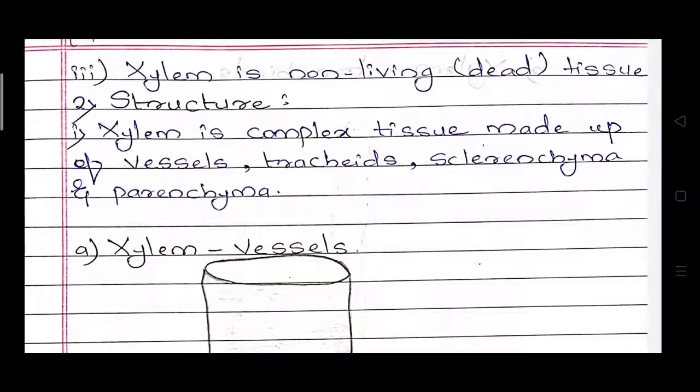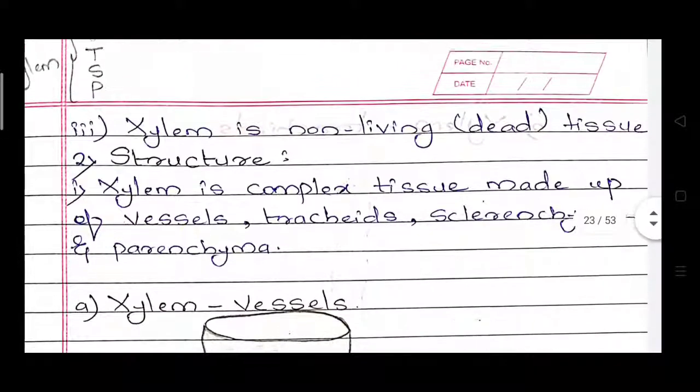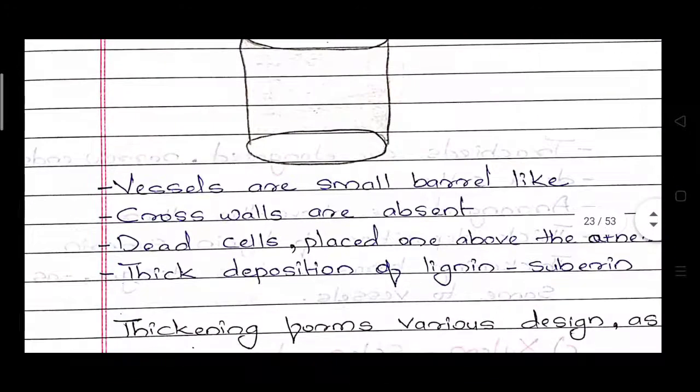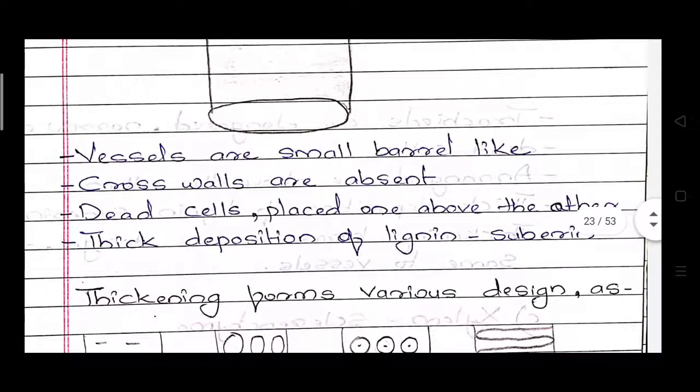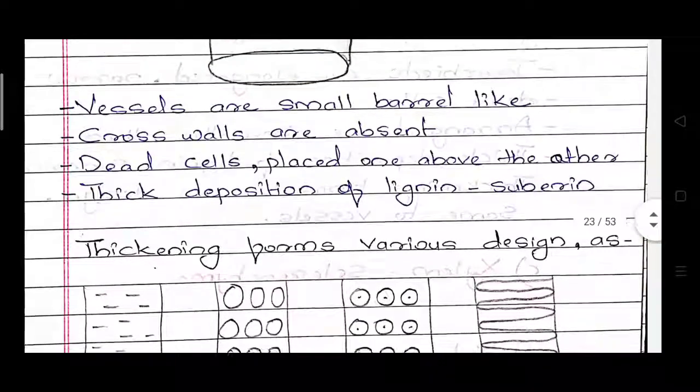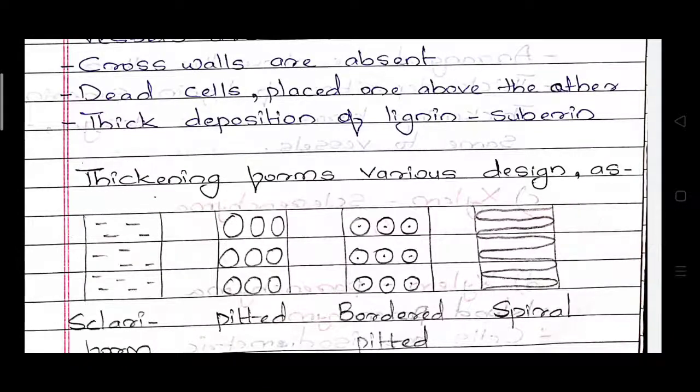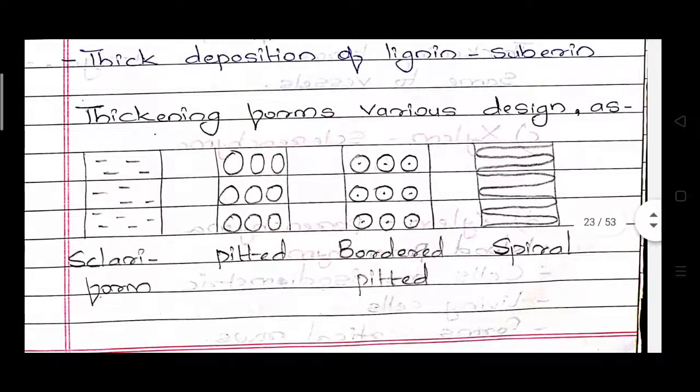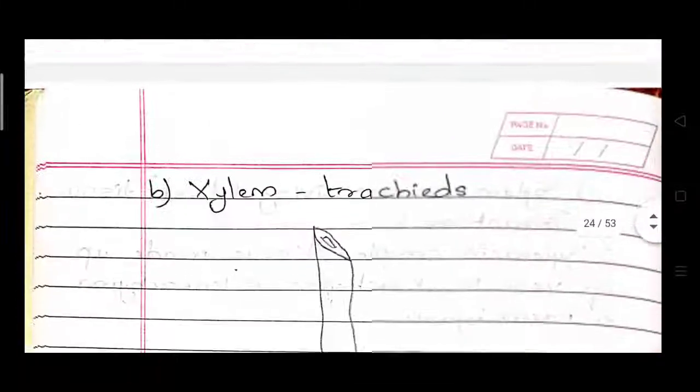It is a complex tissue and it is differentiated as a permanent tissue. These are the main characters. Then vessels are barrel-like structures, they are dead cells and have lignin and suberin deposition. According to the thickening, there are various designs like scalariform, pitted, bordered pitted and spiral.